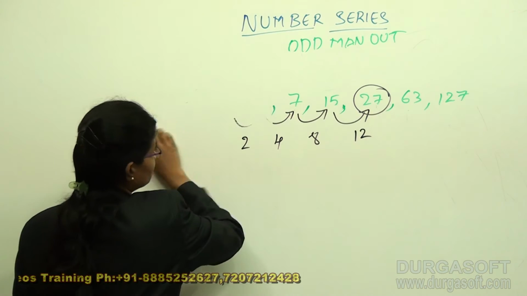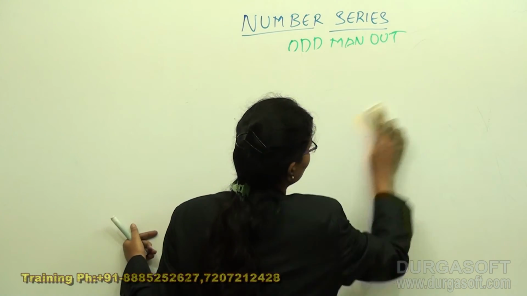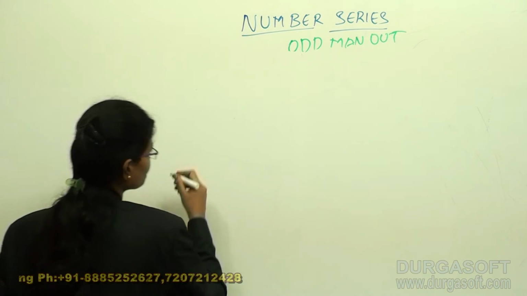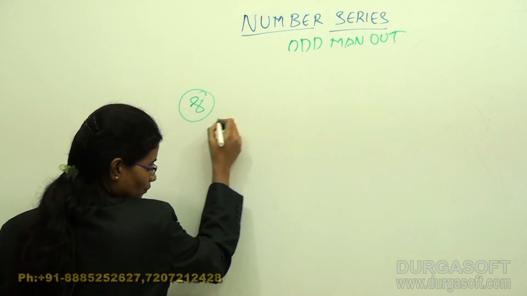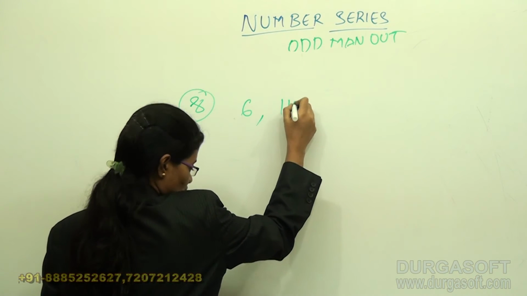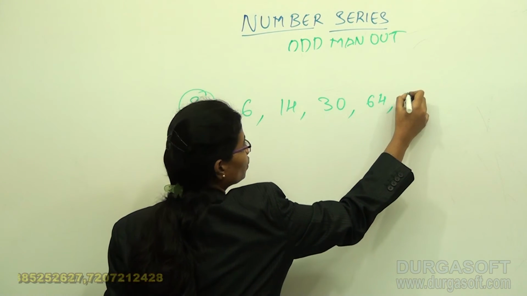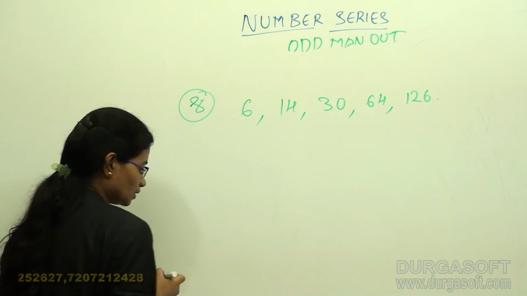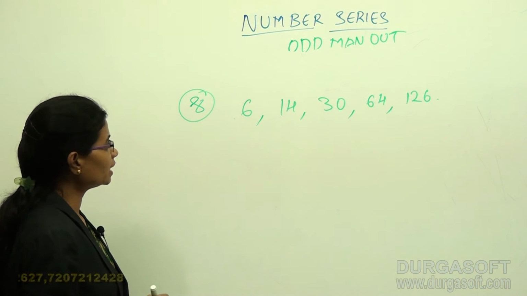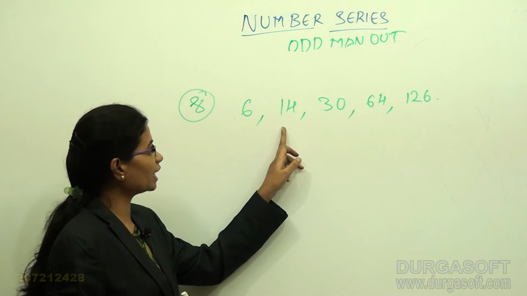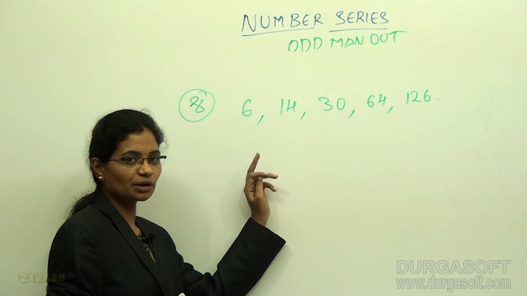Let's move to the next question. 6, 14, 30, 64, 126. If you see here, the difference is again 8.